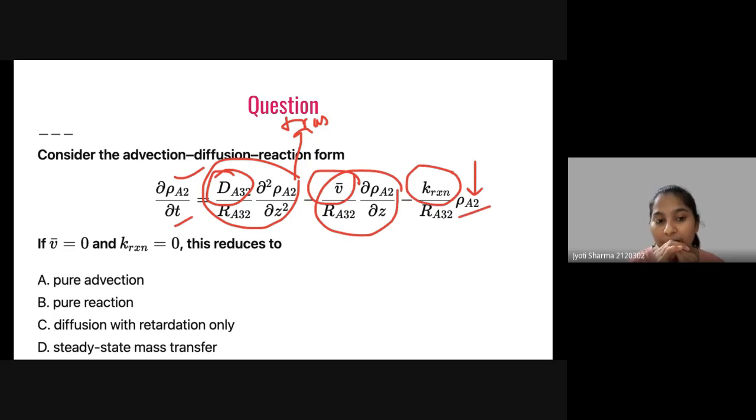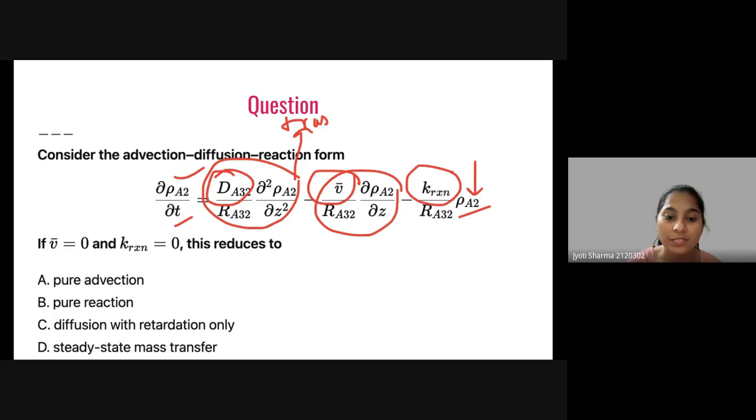So the first term shows the diffusion, the second term shows the advection, and the third term shows the reaction. So if the velocity is equal to zero, the water does not have any velocity, and the reaction rate constant is also zero, then this reduces to what? Pure advection, pure reaction, diffusion with retardation only, steady state mass transfer.